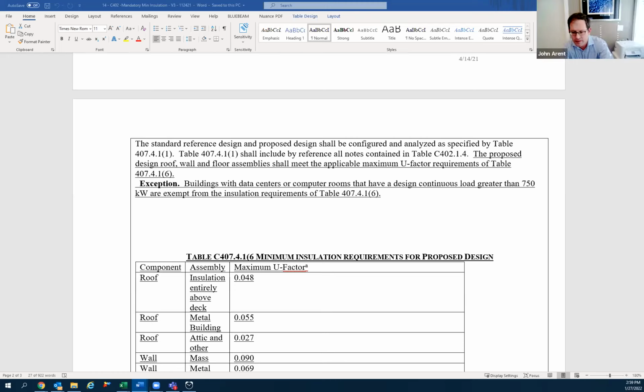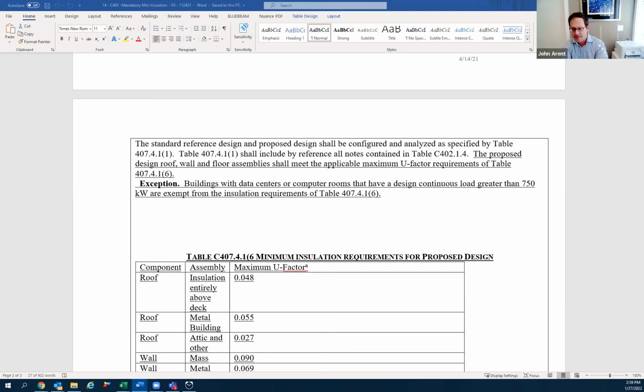Yeah, I think the scope of this proposal doesn't include the spandrel panels exactly. I think spandrel panels could be considered part of the fenestration area. If it's not considered part, no, I'm getting a no on that.